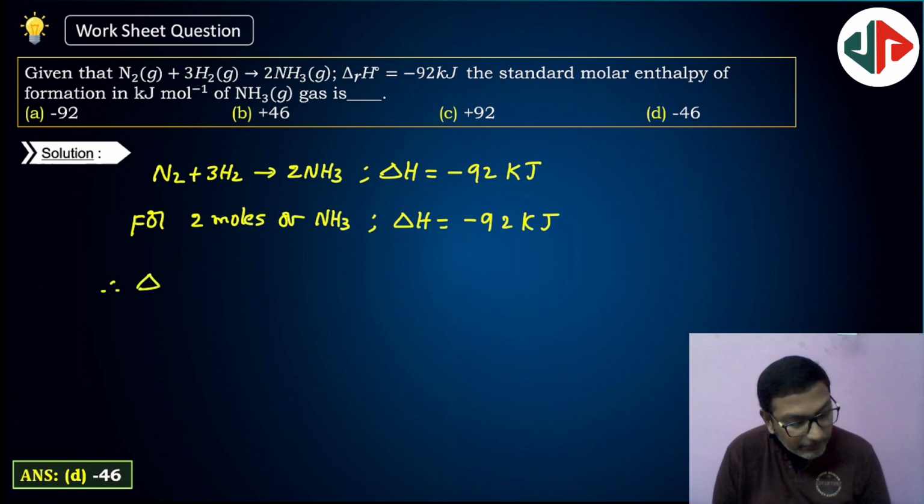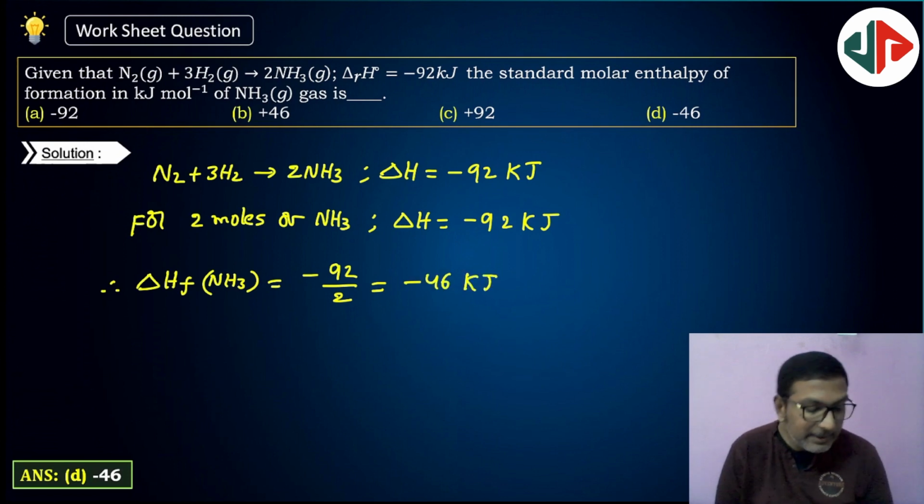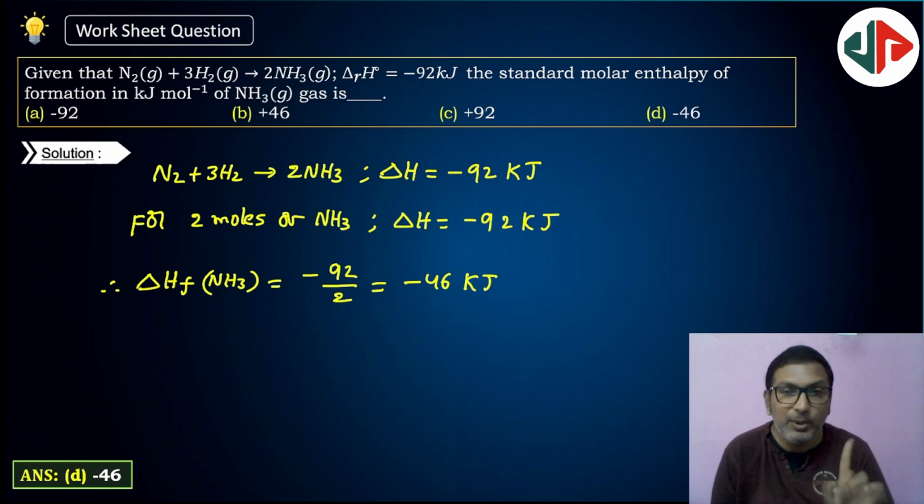Therefore, delta H of formation of NH3 is equal to minus 92 by 2, which is minus 46 kilojoules. Delta H formation means for 1 mole we must calculate.